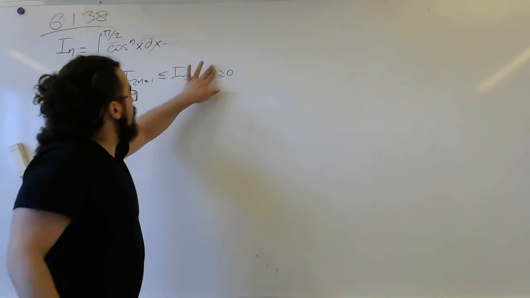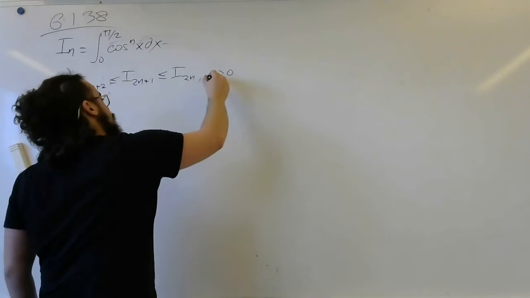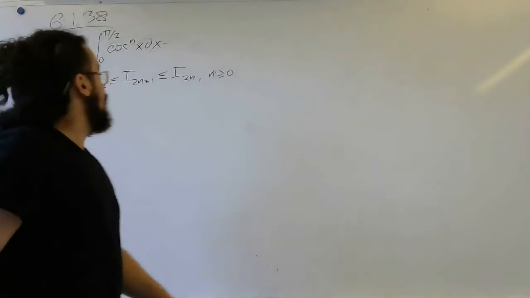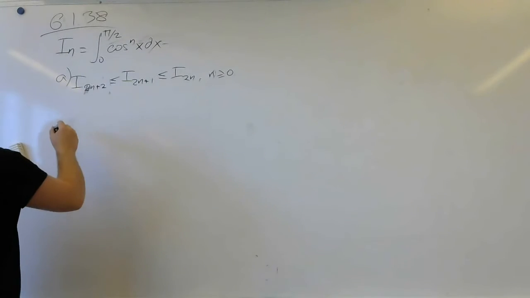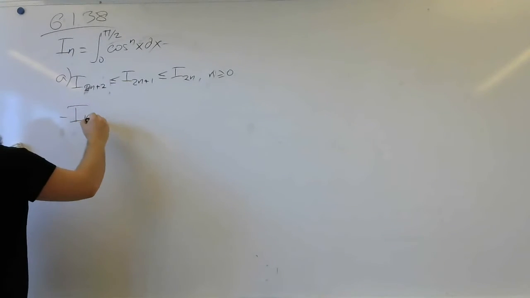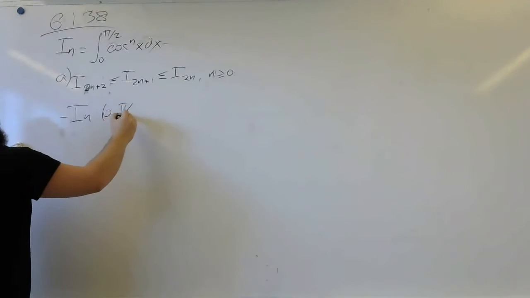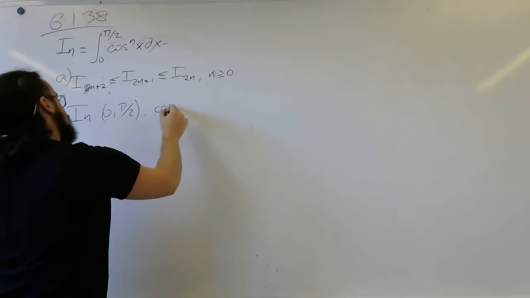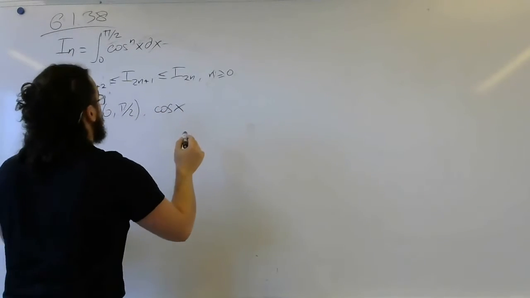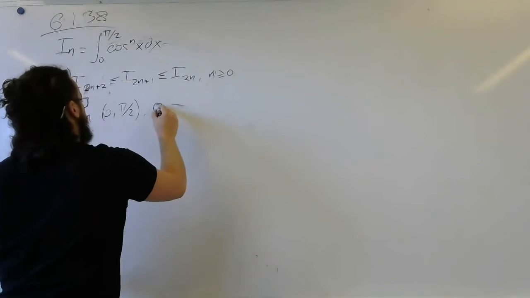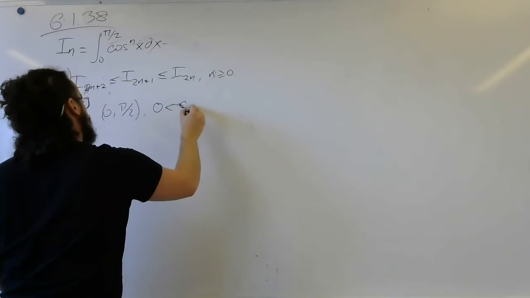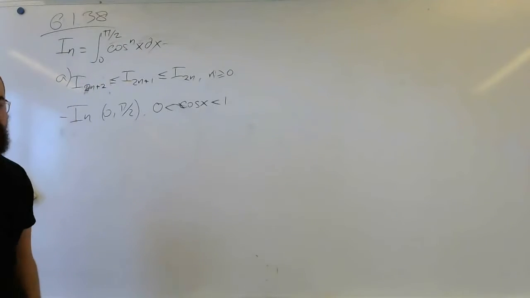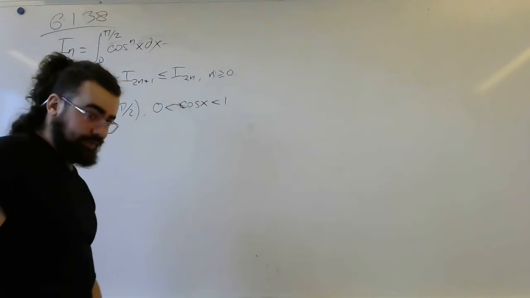Now, you have seen me using arguments that are similar to what I'm going to use here. And in this case, I'm going to tell you something. In 0 to pi halves, cosine of x is between 0 and 1. So it's positive.